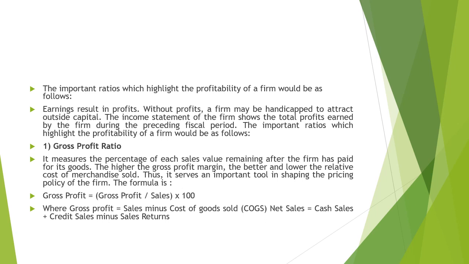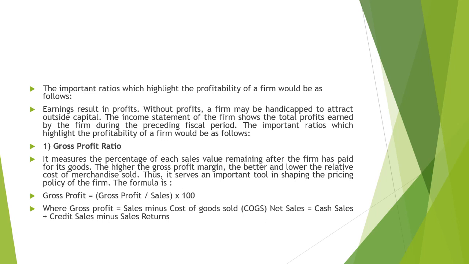Here you can see the important ratios which highlight the profitability of a firm are as follows. Earning results in profit. So without profit, a firm may be handicapped to attract outside capital. The financial statement of a firm shows the total profit earned by the firm during the preceding fiscal period.